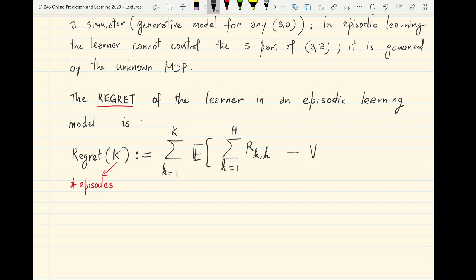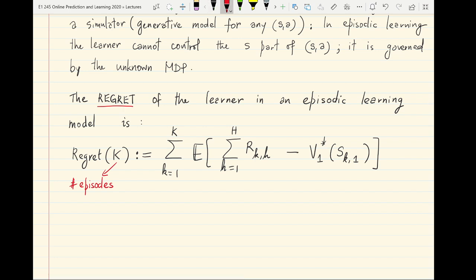It's by definition V1 star at state S_k1. This is the best possible total value in capital H time steps that any policy could make starting from the initial state S_k1. We also implicitly assume that the expectation is over the distribution of S_k1 as well, which is the probability distribution rho on the state space.